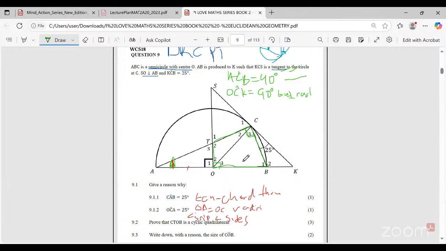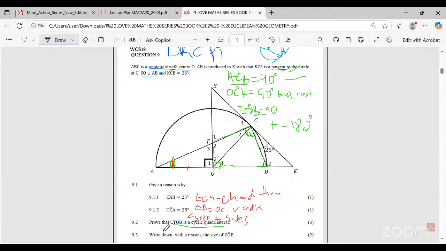Oh, they do, sir. Absolutely. TOB is 90 degrees because of this perpendicularity here. Now you can conclude that when you take this angle plus this angle, they give us 180 degrees. Therefore you can conclude by saying this is a cyclic quadrilateral. Does it now make sense? Yes, sir. Okay, thank you.